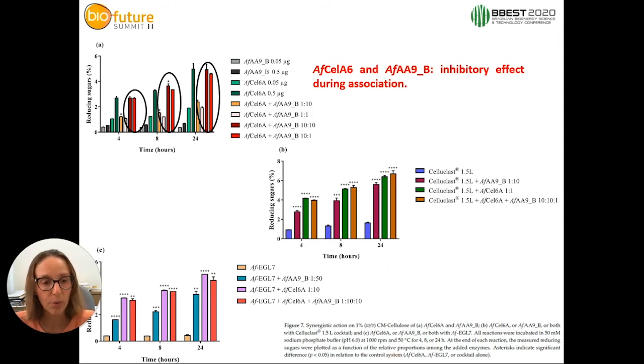Hydrolysis increased over time, and compared to the cocktail alone, the addition of LPMO or cellulase increased the reducing sugar released, suggesting that they boost this enzymatic cocktail.